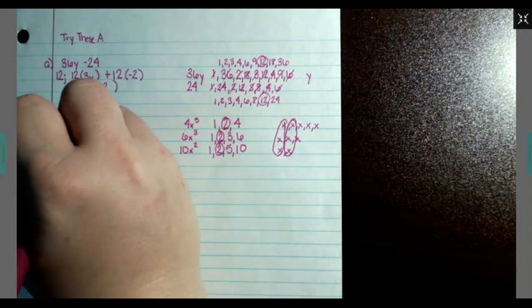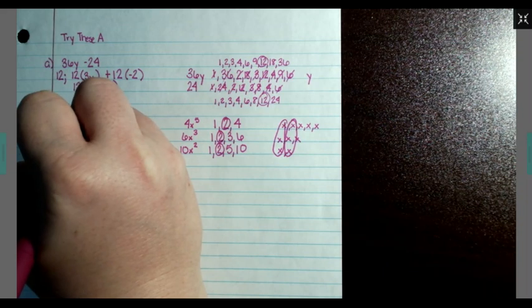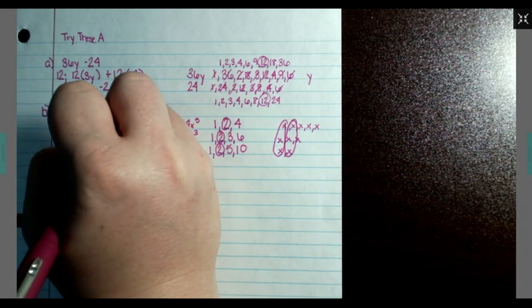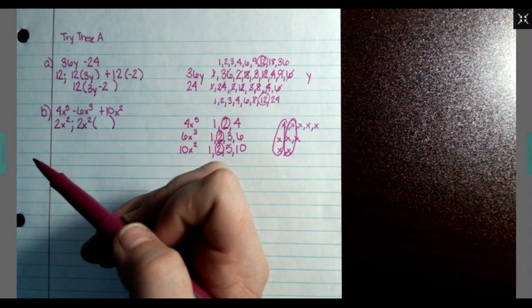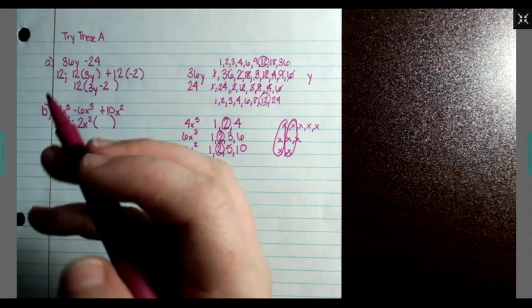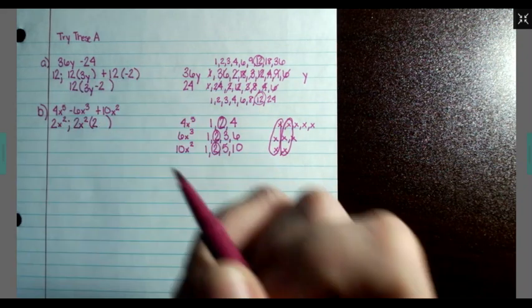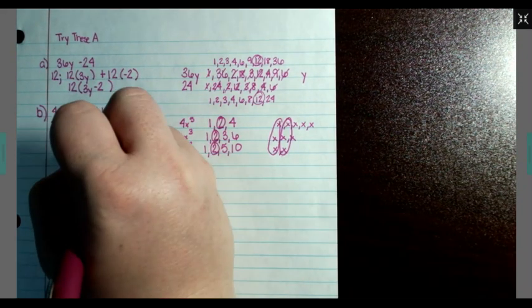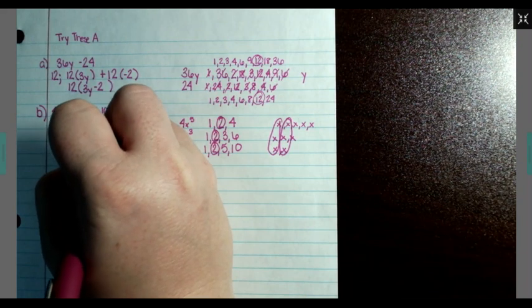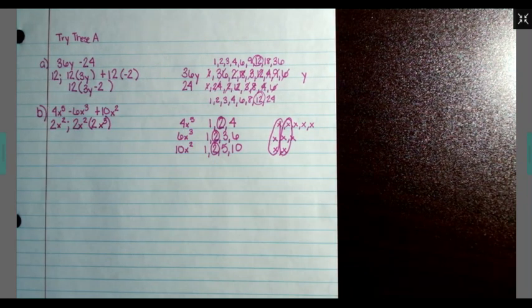Well, let's take a moment. 2x squared times what will give me 4x to the 5th power? Well, 2 times 2 will give me 4, right? x squared times what will give me x to the 5th power? x cubed. Remember, you have to add those exponents.